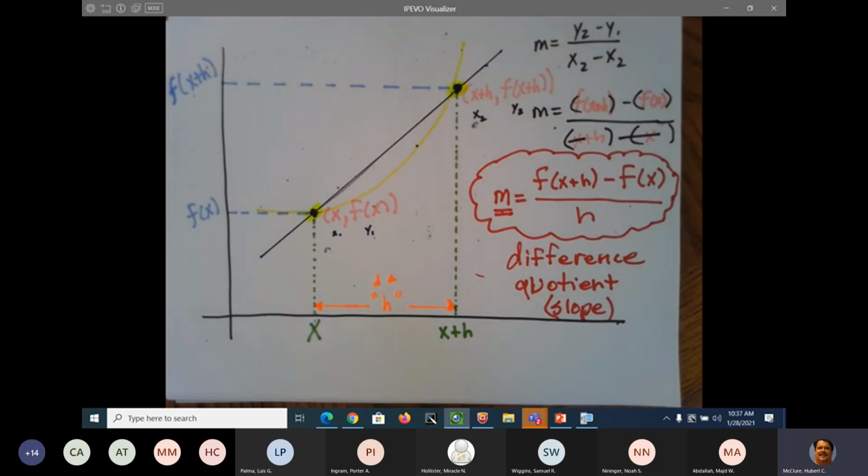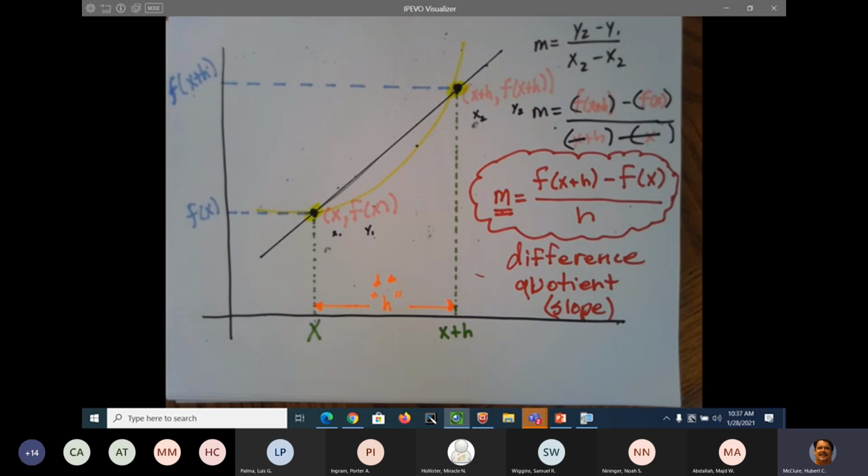Okay, there's your curve. Now, if I want to find the tangent line of this curve, like there, I've got to bring this point close to this point. So that means that this h is going to decrease. And when this h decreases, you're basically talking about the limit as h approaches 0.